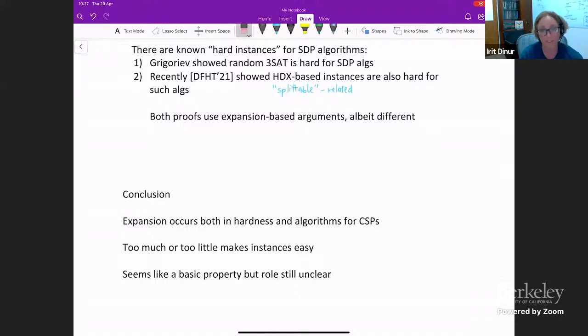We saw empirically that expansion occurs both in hardness proofs and in algorithms and in SDP lower bounds. It's clear that too much expansion makes the instance easy. Too little expansion, when it's very disconnected, also makes the instance easy. So some mediocre expansion is where the hardness happens, it seems. But it's still a long way from understanding really what's going on. Okay, and in that I'll end.